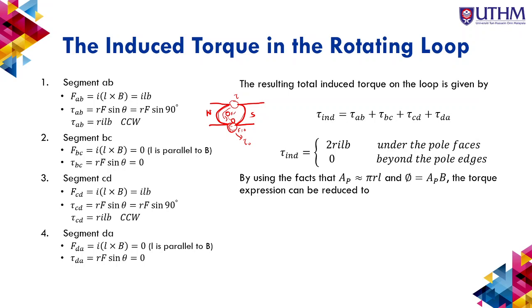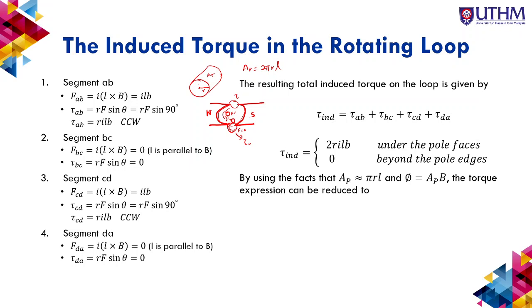Okay, so by using the fact of the area of the pole, when we calculate the area for the rotor, to find the area of the rotor, this is R, so area of rotor is equal to 2 pi R L. So the whole surface of the rotor, or the cylinder, the formula for the surface of the cylinder, this is the formula.